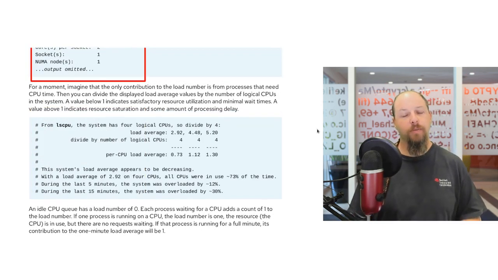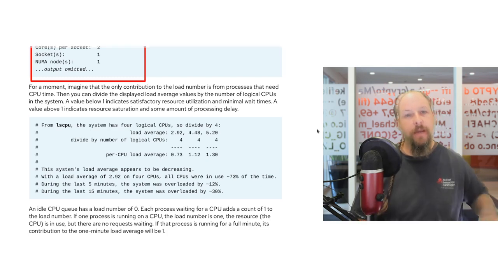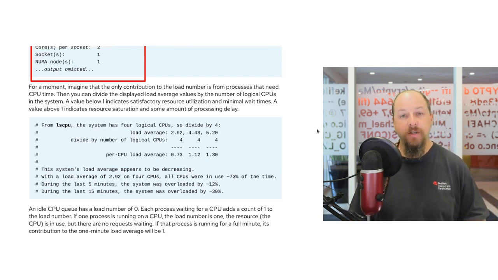When we start interpreting load averages based on the number of CPUs available to us, we can think of the number of CPUs as a multiplier on the available work that the system can perform. While it's not exactly 1-to-1, we can consider that one CPU can provide a load average of 1 amount of work at a time. In this way, a system with 4 CPUs should be very comfortable running at a load average of 4.